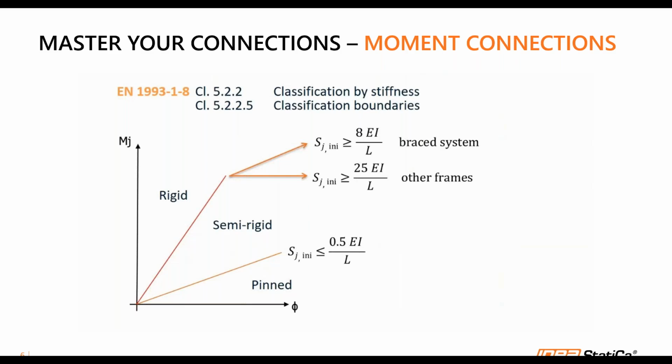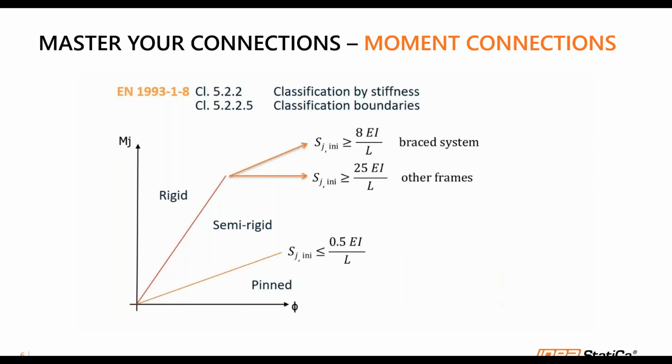The classification of a connection based on its stiffness is code dependent. Each code has its own requirements. In this slide, you can see a diagram with a classification of connections based on Eurocode. Almost the same would be according to other codes, for example AISC and other various codes.